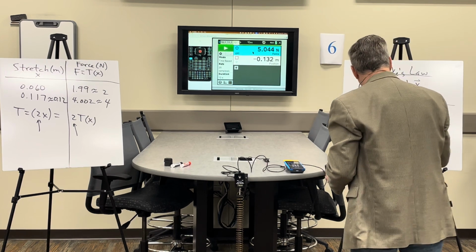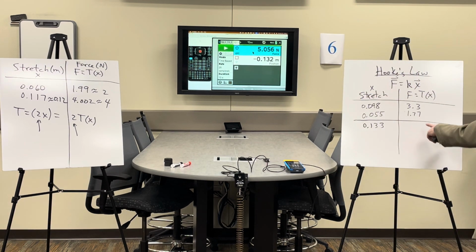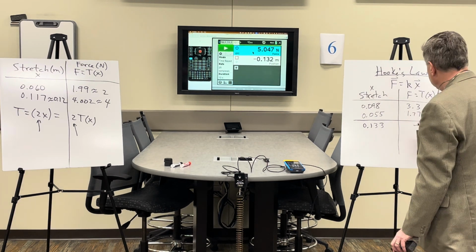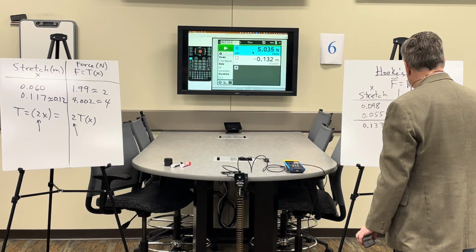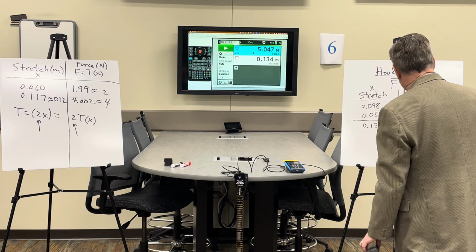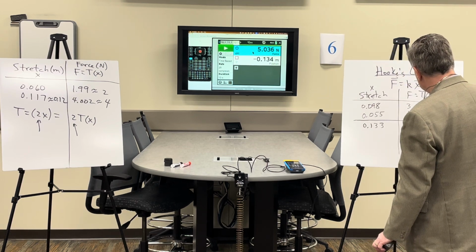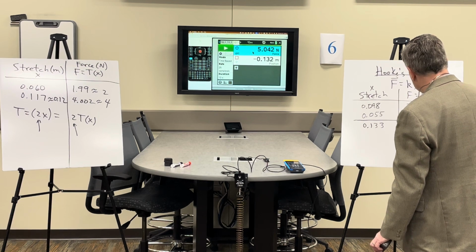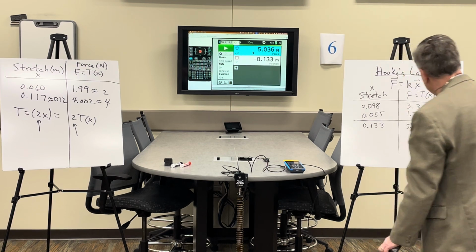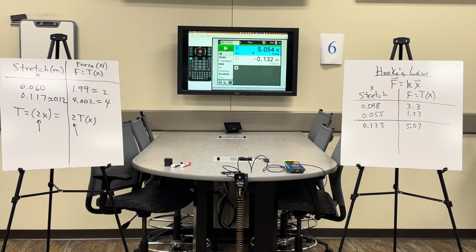And over here, I'm getting a total force of about 5, which is about the same as if I added these two up, because this would be 5 point, if I add that, 0.07. So I'm going to get about 5.07, which is about what we're reading on my measurement there.